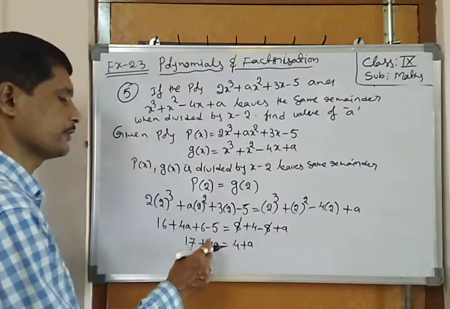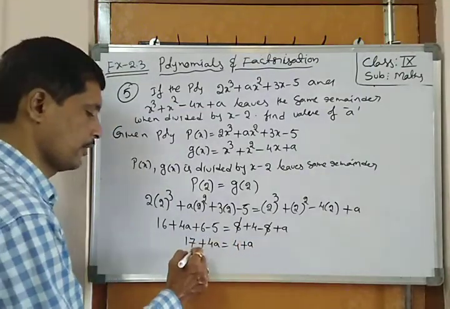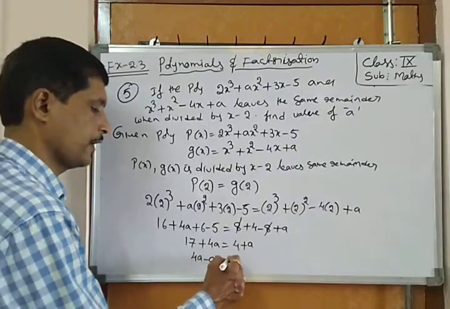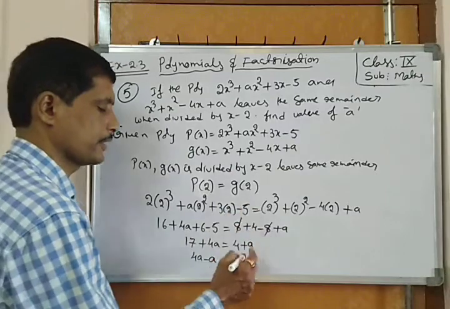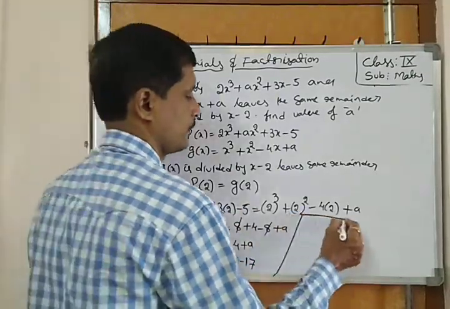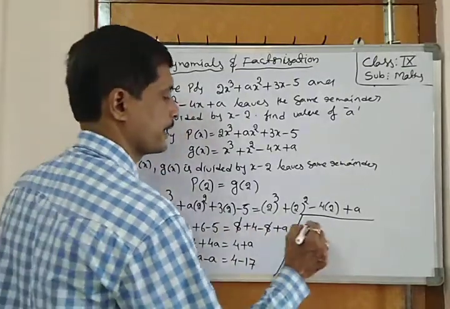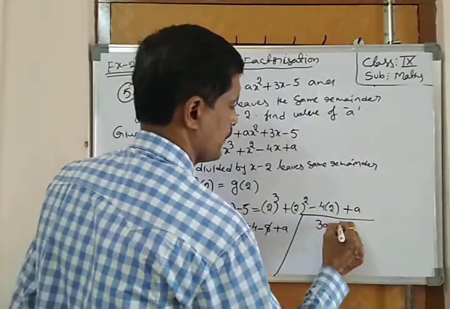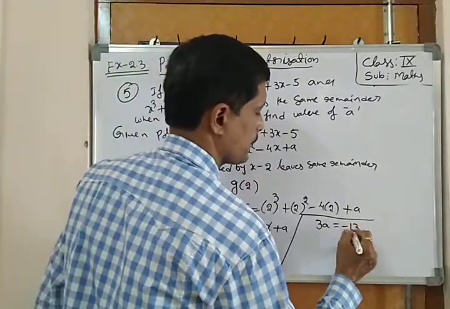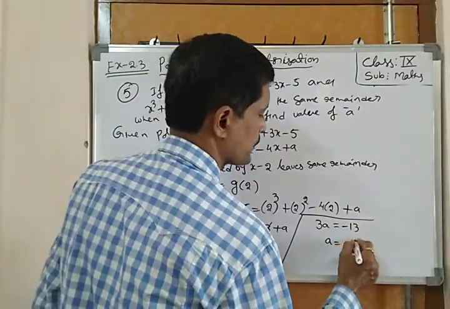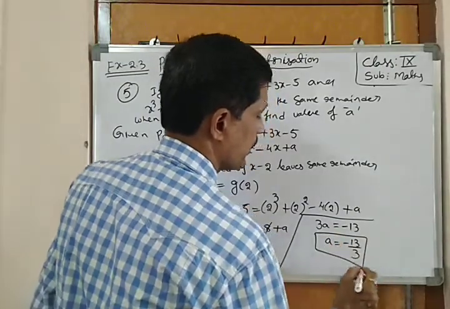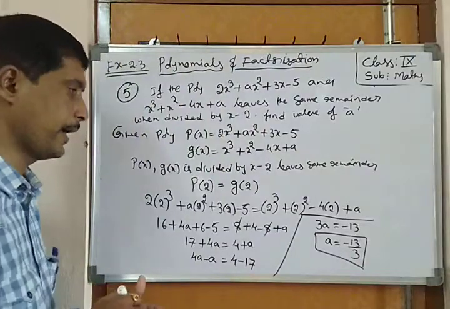This a changes sides, becoming minus a, and this 17 changes sides, becoming minus 17. Here 4a minus a is 3a equal to 4 minus 17, that is minus 13. Therefore a equal to minus 13 by 3.